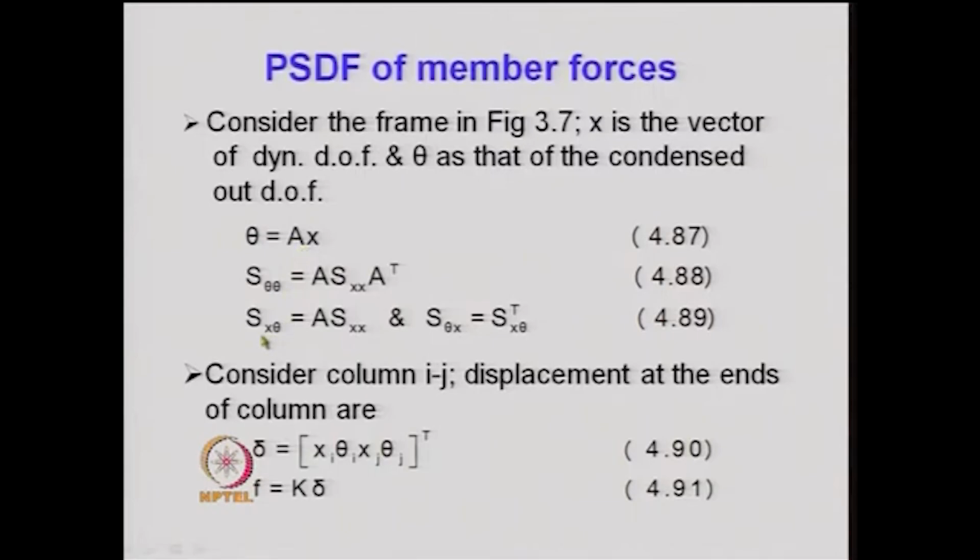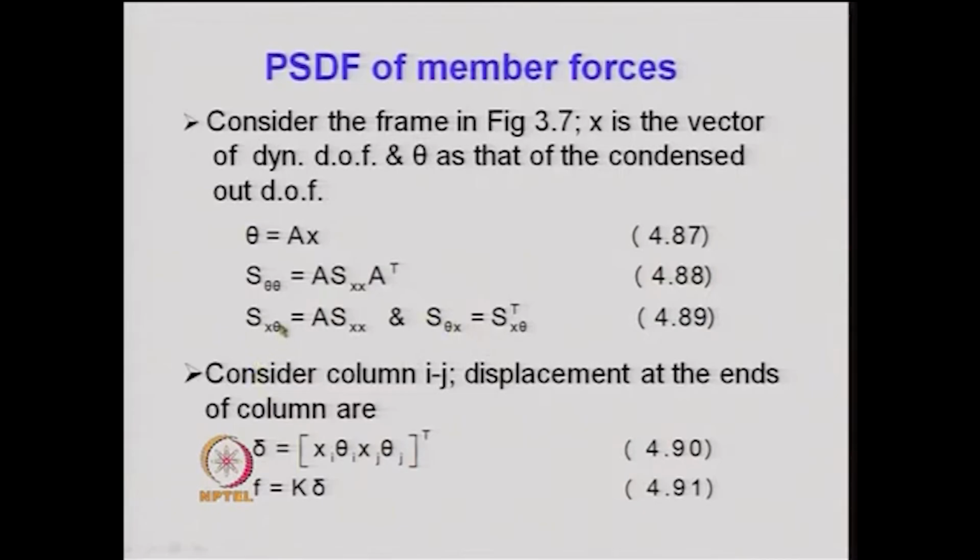And the cross power spectral density function between the displacement and the rotation is given by this, and S theta x will be simply the transpose of this. Now, if S x theta is a complex matrix, then of course this will be a complex conjugate and then transpose.